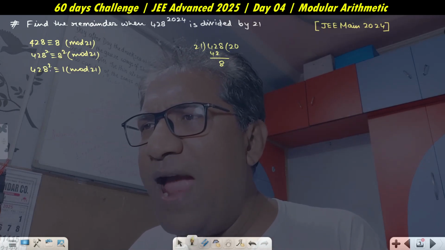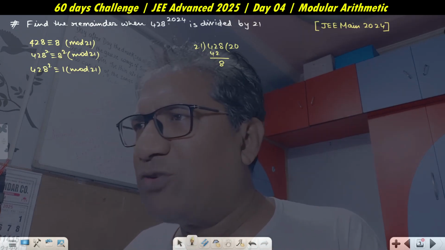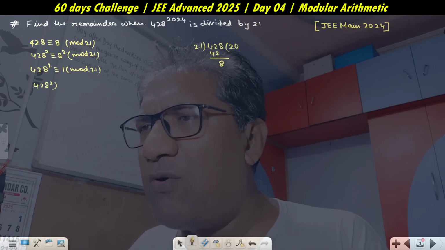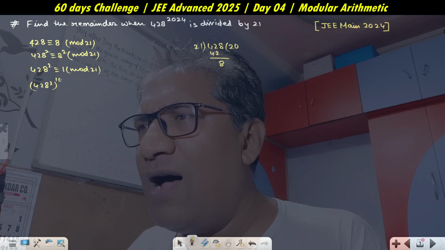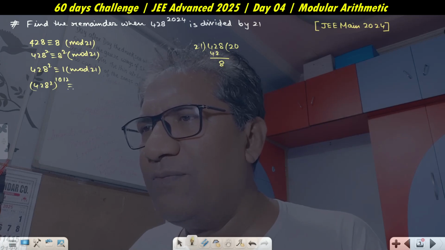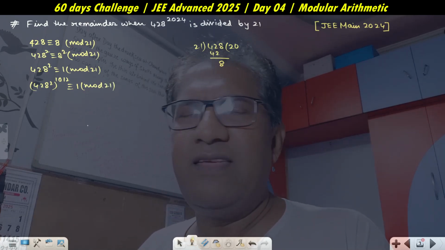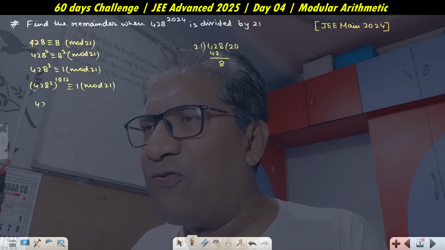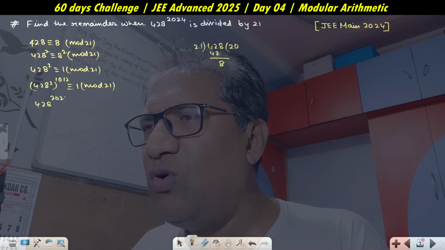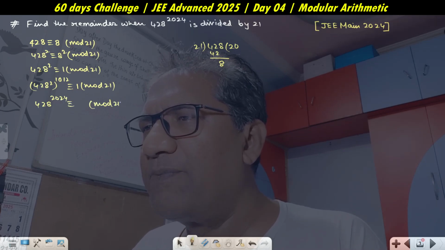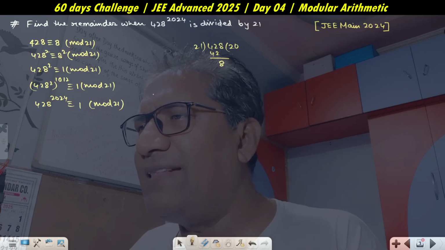Now, 428 square. We have to reach 2024. So I'm simply raising its power to 1012. And the remainder will still be equal to 1. Therefore, 428 to the power 2024 when divided by 21, the remainder is 1, and that's your answer.